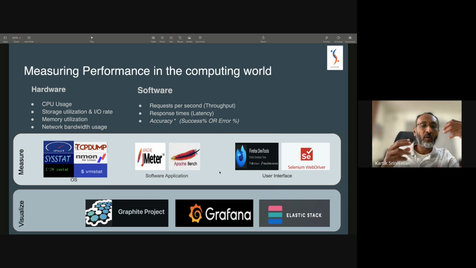So the combination of measurement tools and visualization tools, all of them open source, will allow you to measure and manage performance in the computing world.